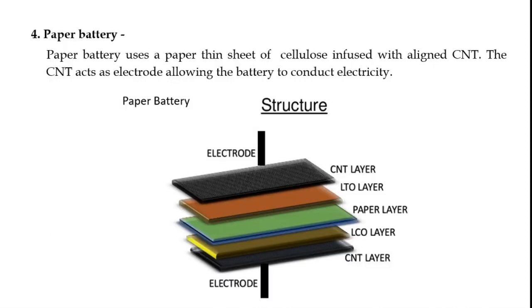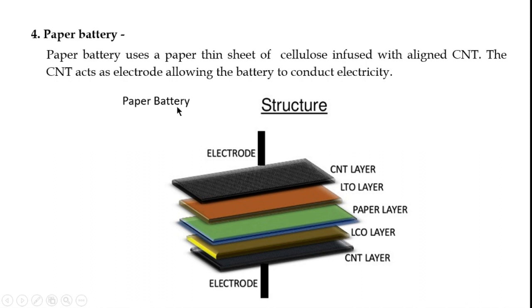We can make a paper battery using a paper thin sheet of cellulose infused with aligned carbon nanotubes. In this paper battery, carbon nanotubes act as electrodes. That means here we require the conducting type of carbon nanotube, that is armchair type of carbon nanotubes.